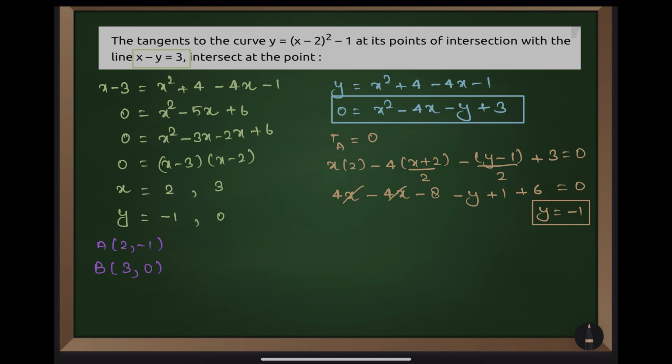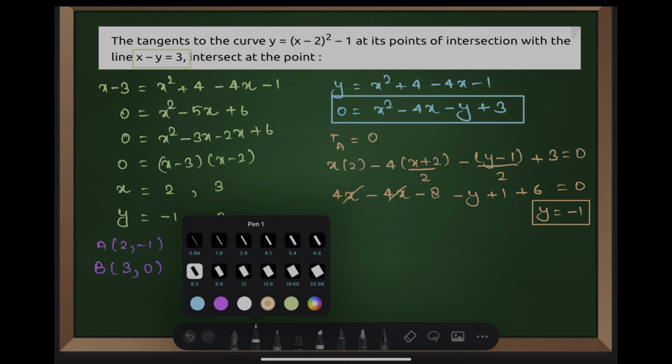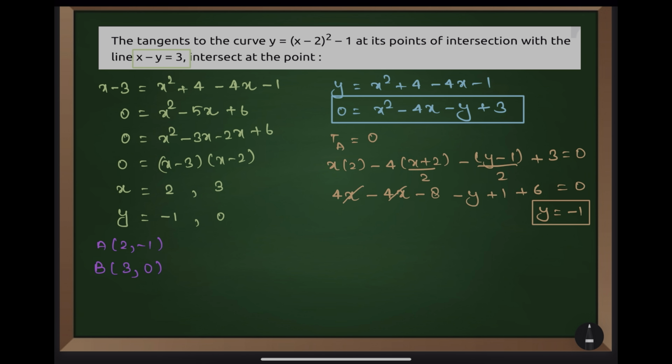TA is this. Now I'll go with TB equals 0. So again, x x1 minus 4 times (x plus x1) by 2, where x1 is 3, minus (y plus 0) by 2 plus 3.